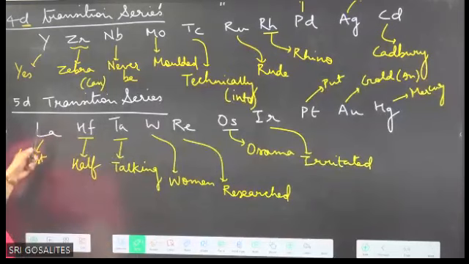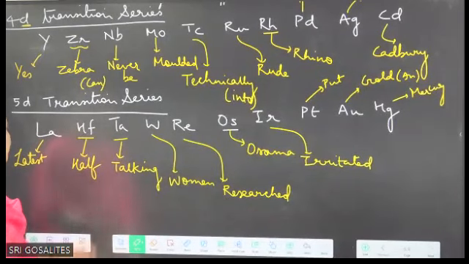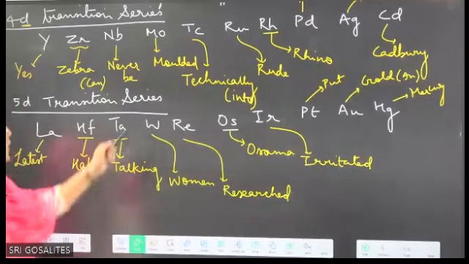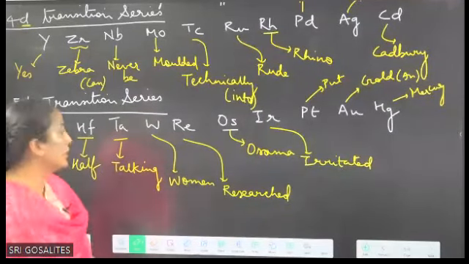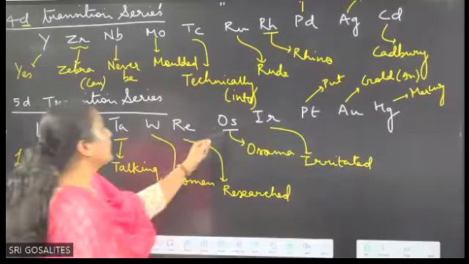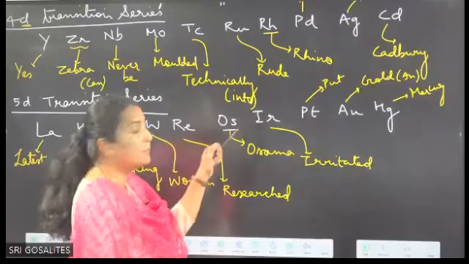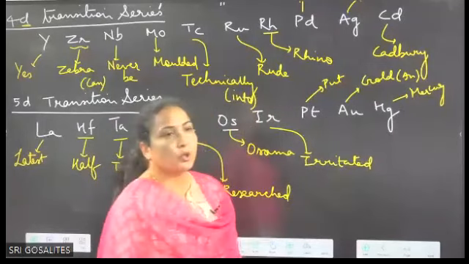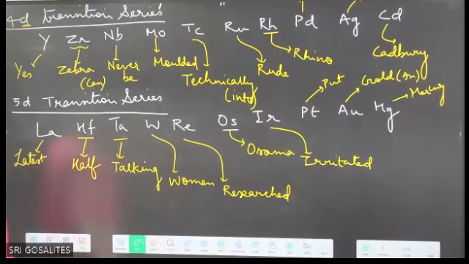So basically this is lanthanum, La for lanthanum, Hf for hafnium, Ta for tantalum, W is for tungsten, this is rhenium, this is osmium, Os is for osmium, Ir for iridium, Pt is for platinum, Au is for gold, and Hg is for mercury.